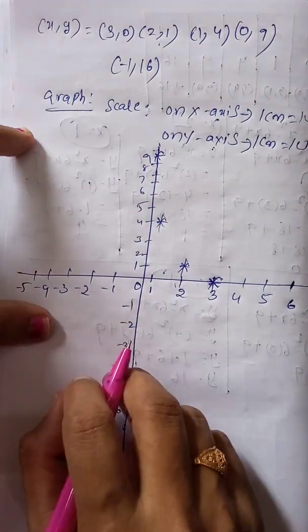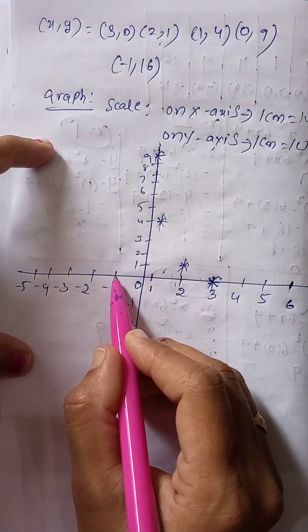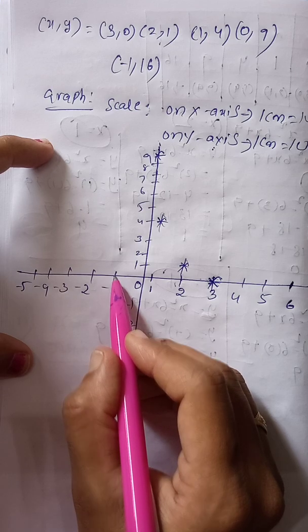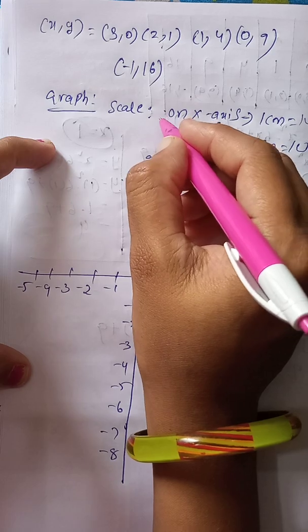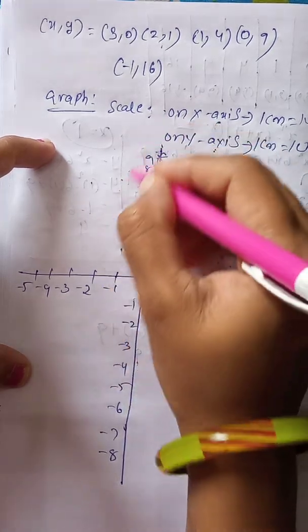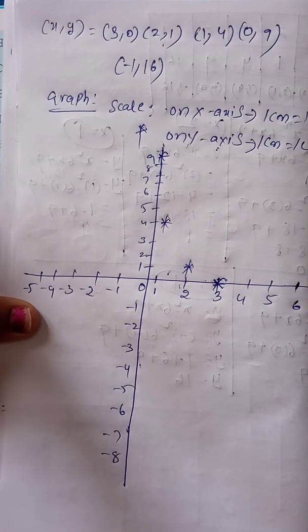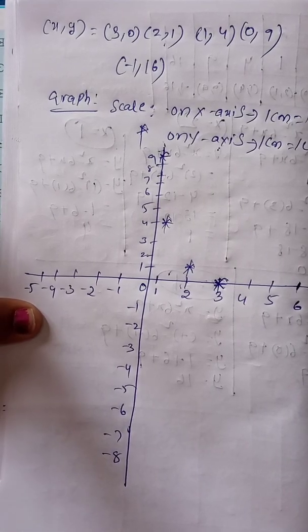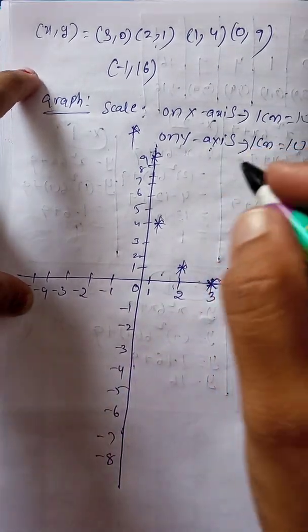Next minus 1 comma 16: x-axis minus 1, and y-axis is here somewhere. Okay, now join these dots with hand only.